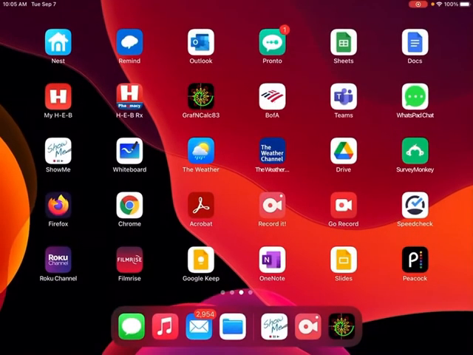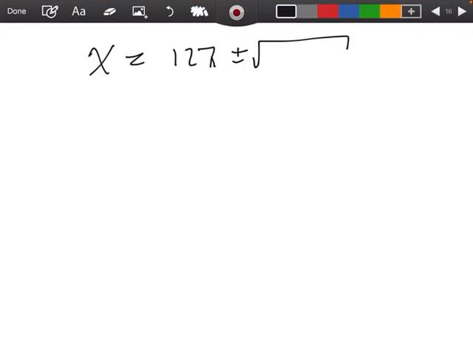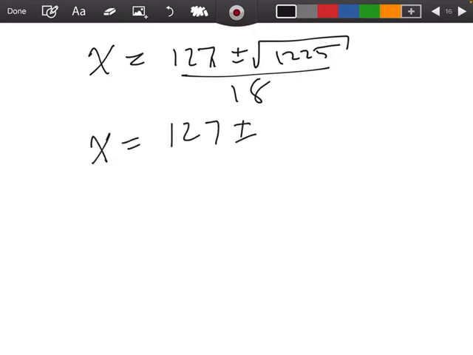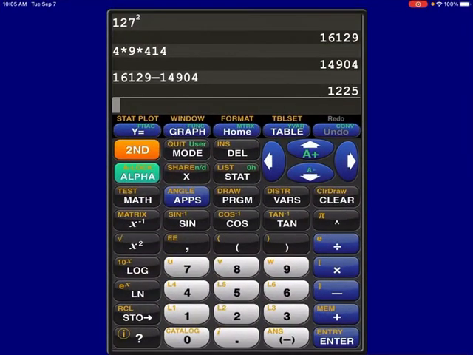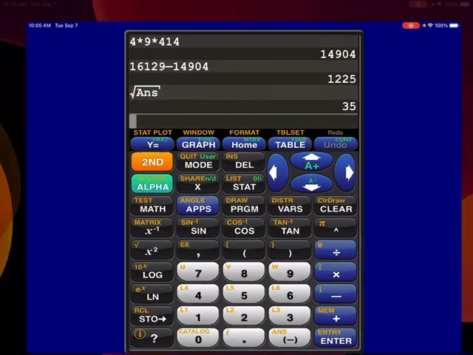Okay, so 1225, all over 18. 127 plus or minus. Now let's take the square root of that guy. The square root of my answer is 35. Nice and pretty, right?